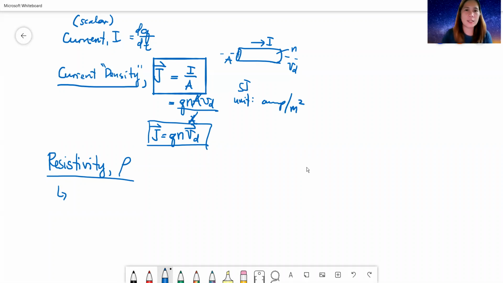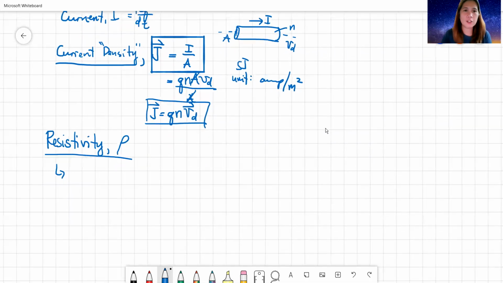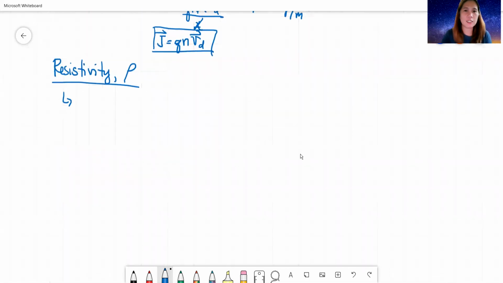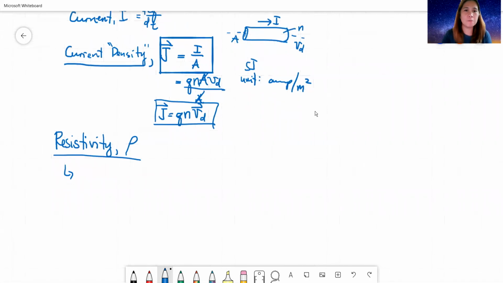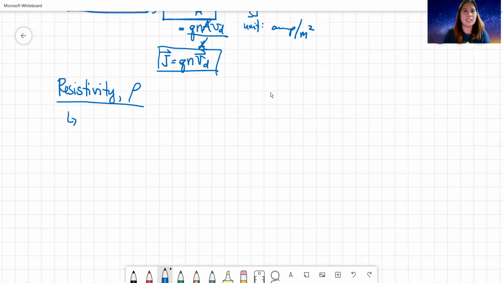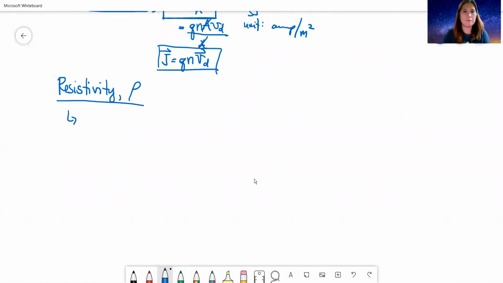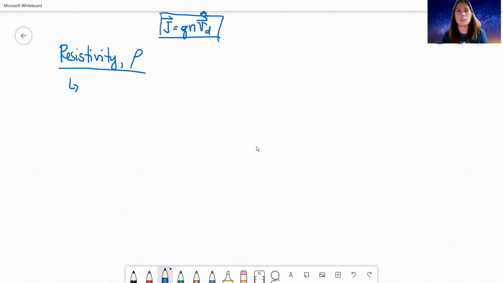So why did I start with this? It's because the definition of resistivity that we have for this video is very much affected by current density. If current talks about the number of charges passing through your wire per time, resistivity is a characteristic of your wire.